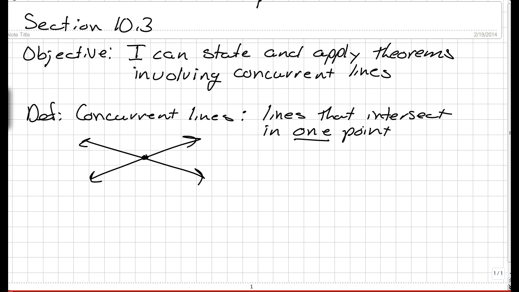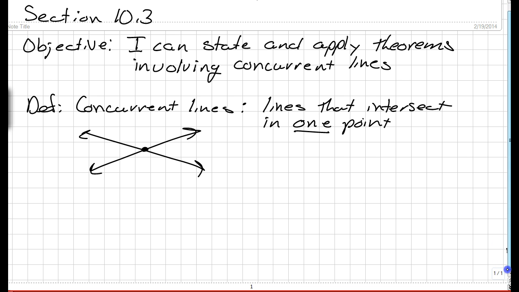But the concurrent lines that we are going to talk about today are lines that we get from different constructions that we do. So our first theorem has to do with angle bisectors.